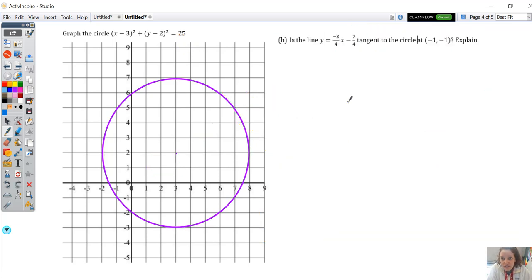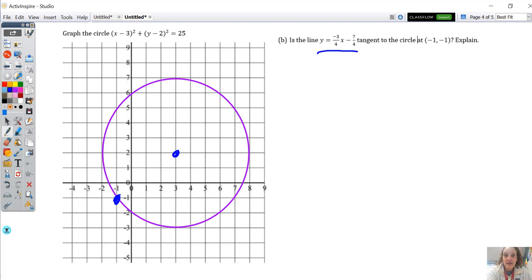The next question is, is the line y = −3/4 x − 7/4 actually a tangent line to our circle at the point (−1, −1)? So I'm going to go plot the point (−1, −1). Here's our center. And we're trying to decide, is this actually a tangent line?